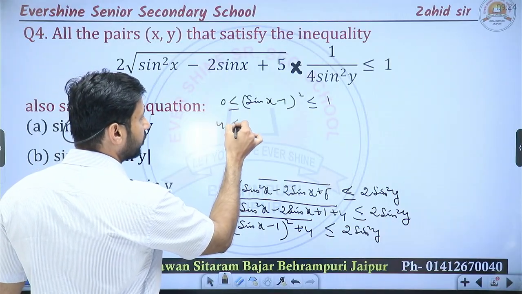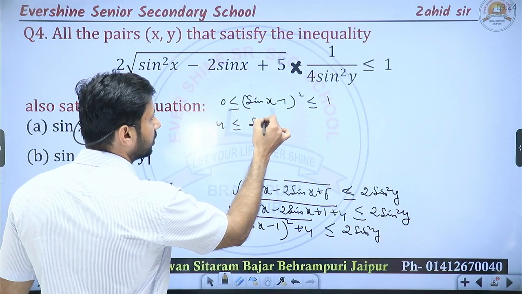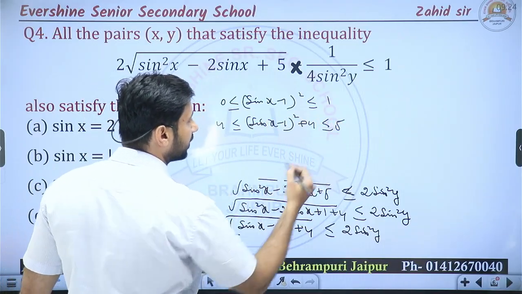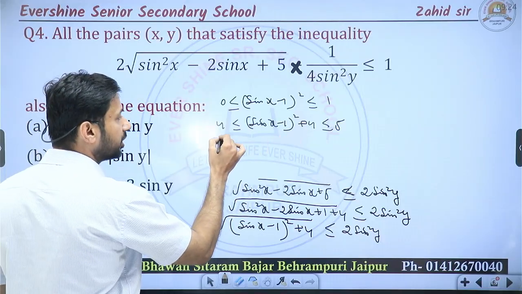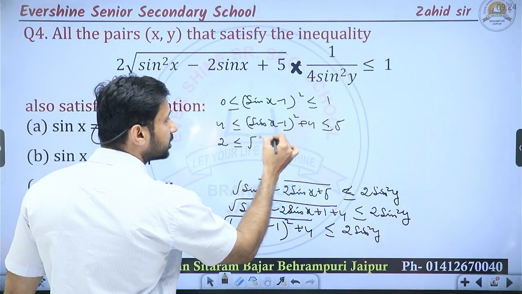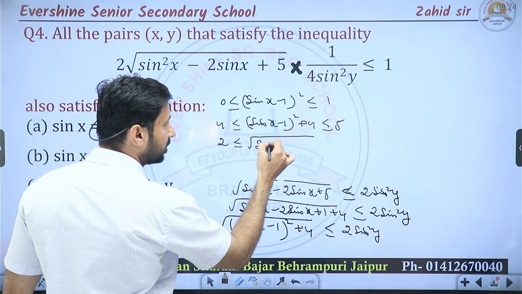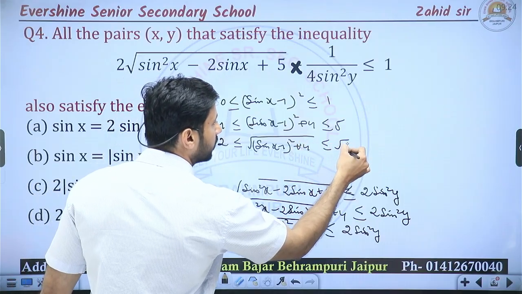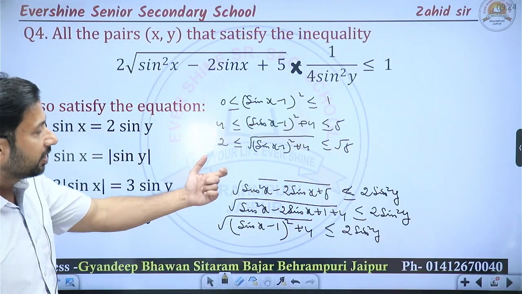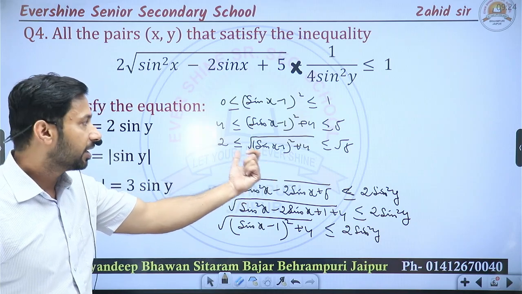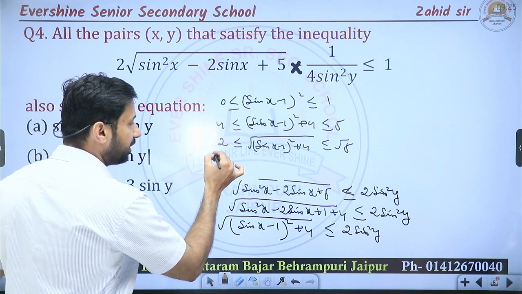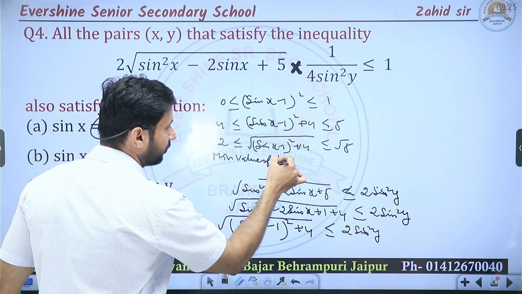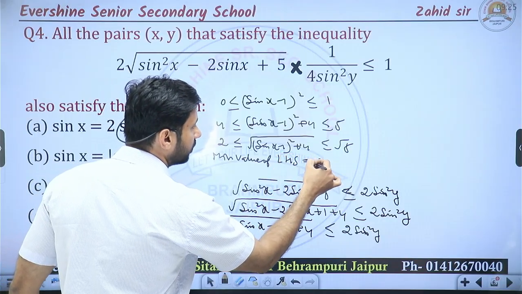So it will be 4 less than equals to sine x minus 1 whole square plus 4 less than equals to 5. Now take the square root of it. It will be 2 less than equal to square root of sine x minus 1 whole square plus 4 less than equal to square root of 5. So you can see the minimum value of LHS is 2.